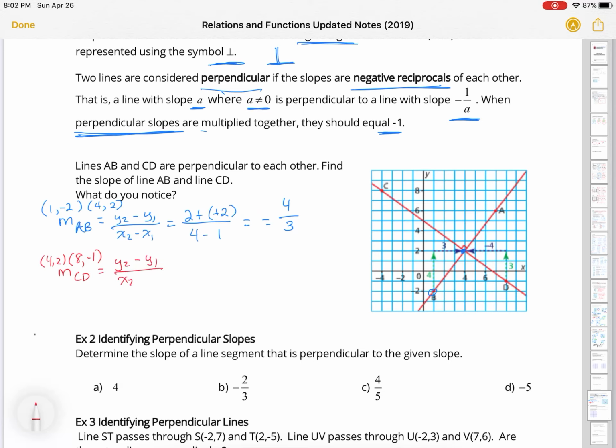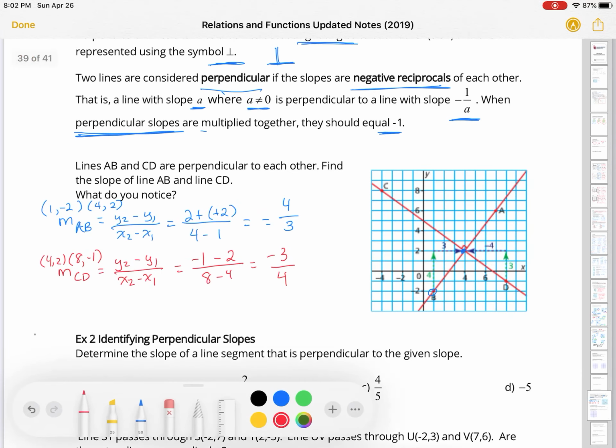Right? Okay. So y2 minus y1 over x2 minus x1, on top I'm going to have -1 minus 2, and on the bottom I'm going to have 8 minus 4. So I'm going to get -3 over 4.